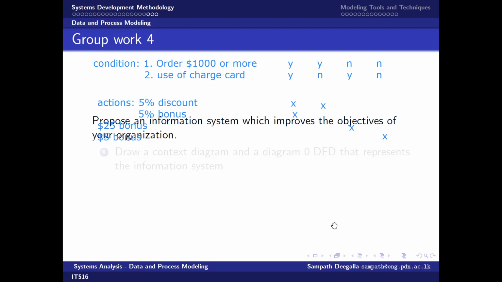And if they have not spent $1,000 but they have used a charge card, then they are getting $25 bonus. And if they do not use both, neither $1,000 nor the charge card, then it will be only $5.